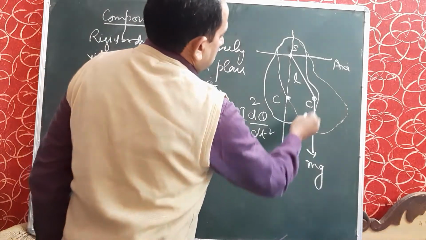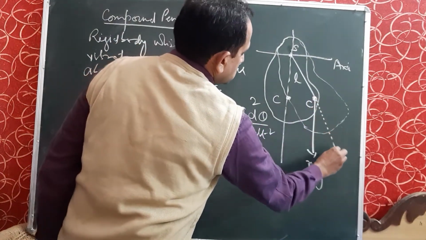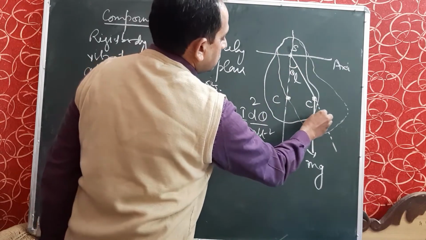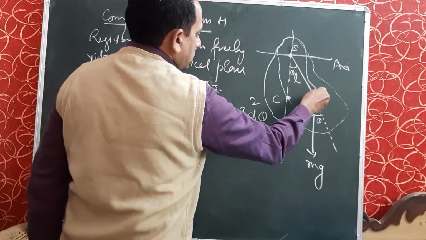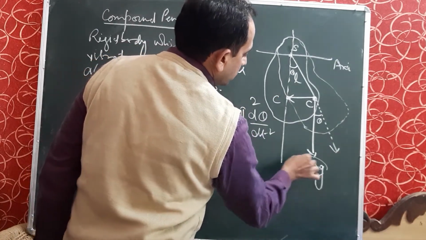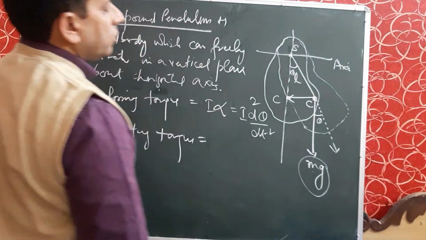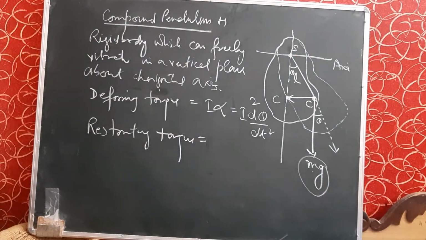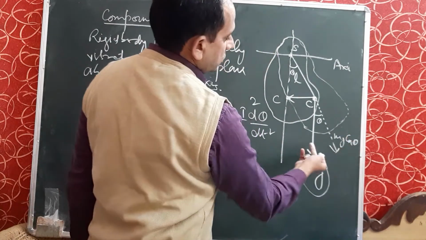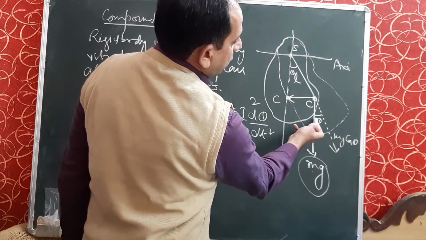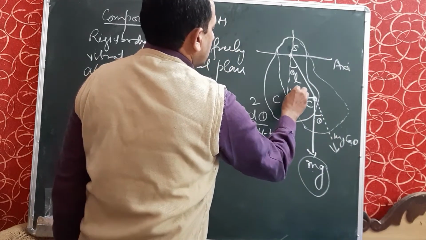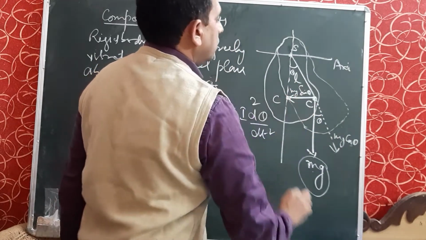If we resolve this weight into components, this angle is theta, this angle is also theta, and the two components of this weight mg, because weight is a force, are mg cos theta, because mg makes an angle theta with this axis, and in the perpendicular direction mg sin theta.